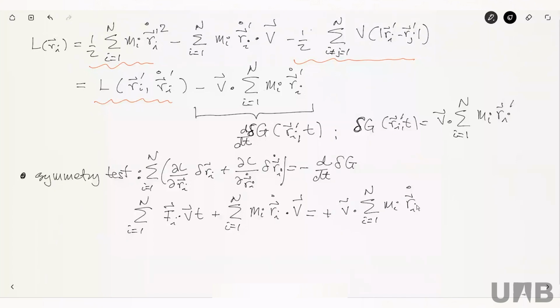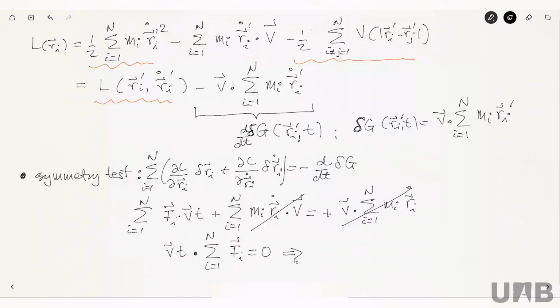Okay? So what do we see? What we see is that this term and this term are the same, so they cancel out. And what we find is that v times the sum from i equals 1 up to n of Fi has to be 0.